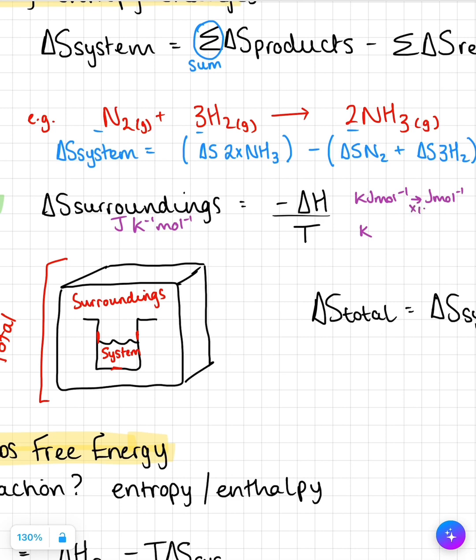So typically, if we were going to convert our enthalpy into joules per mole, we would multiply that number by 1000. Those units need to be consistent.